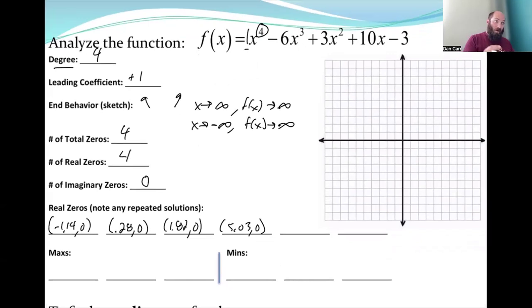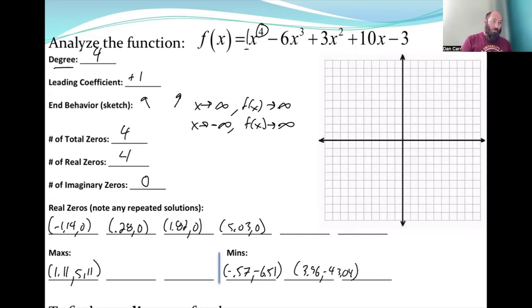The maximum, we only had one of those. That was 1.11 and then 5.11. Our minimums were at negative 0.57, negative 6.51. And then the other minimum was 3.96, negative 43.04.